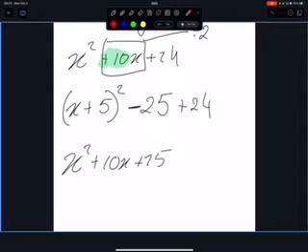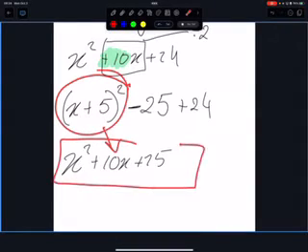There it is. x plus 5 squared. All right, done. x plus 5 squared is a special product. You can expand it in 2 seconds. x plus 5 squared is x squared plus 10x plus 25. You know that in advance. You practiced it enough.